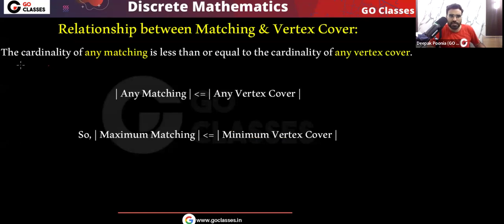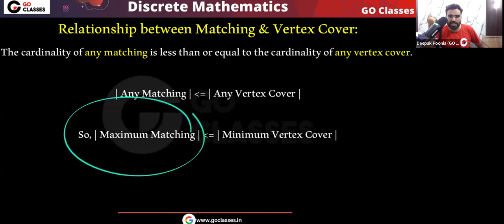This is the relationship that in any graph, the cardinality of any matching is less than or equal to the cardinality of any vertex cover. So remember, in any graph, whatever graph you take, the size of any matching is always less than or equal to the size of any vertex cover. So any matching, that means I can also take maximum matching.